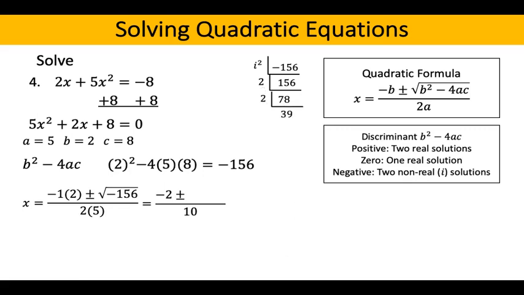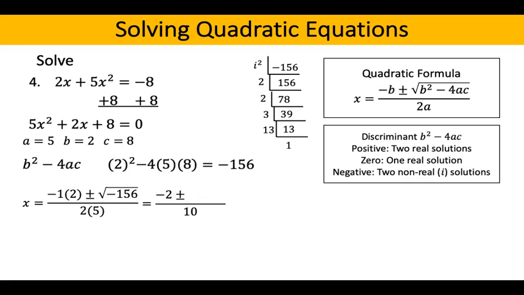We get 39. Now we'll need to find a new prime because it's no longer divisible by 2. We can now divide by 3. We get 13. And then 13 is prime, so we will divide by itself and get our 1.